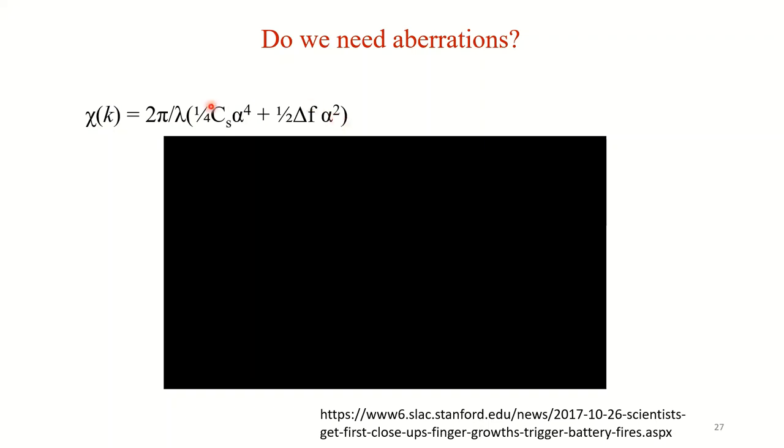If you make these terms zero, you're going to end up with no contrast. The contrast transfer function drops to zero. If you make any one of these zero, you end up with no phase contrast information.